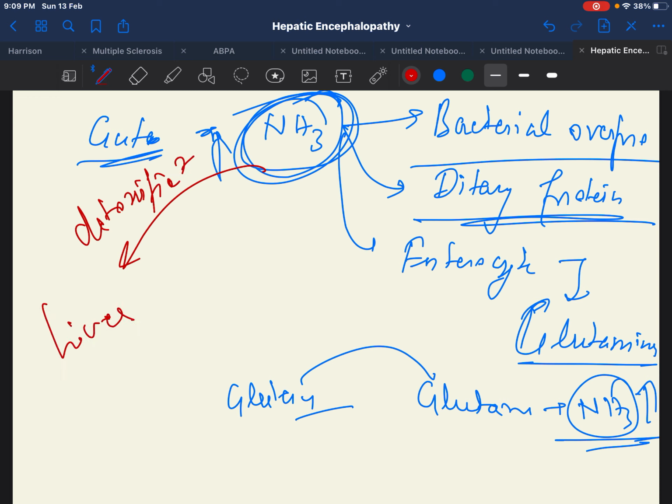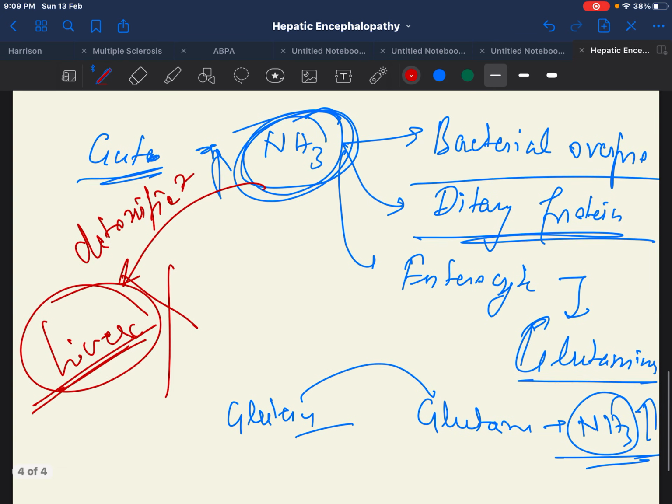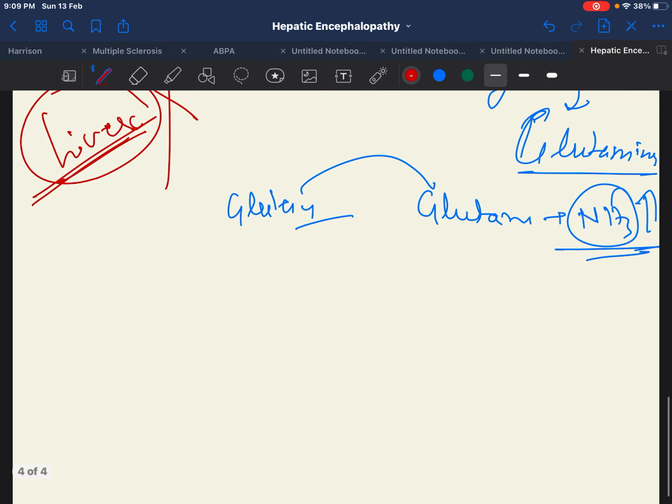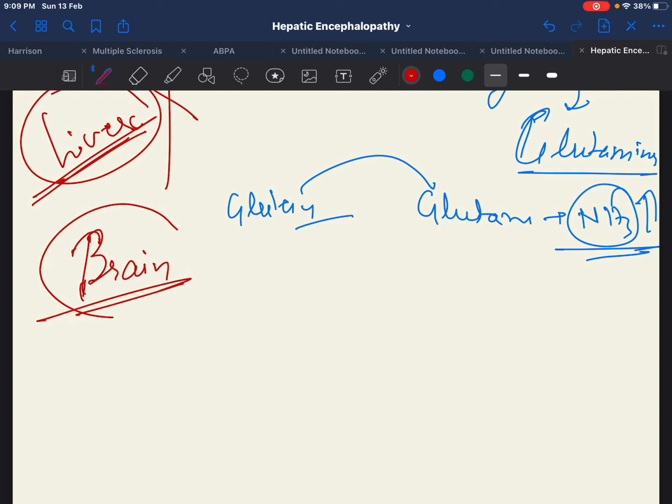But as the patient has advanced liver failure, there is no detoxification. So portosystemic shunting will occur. It will go to the systemic circulation and to the brain, pass the blood-brain barrier, and the main target is the astrocyte.